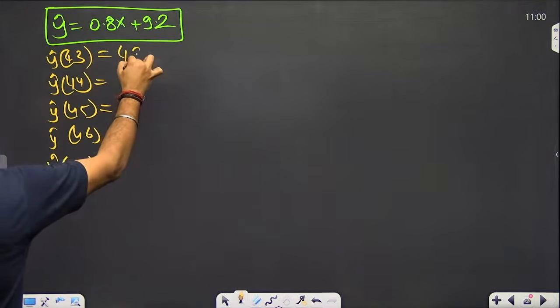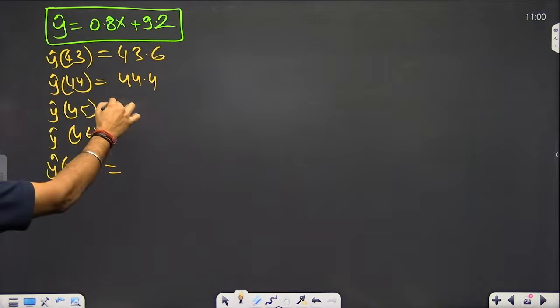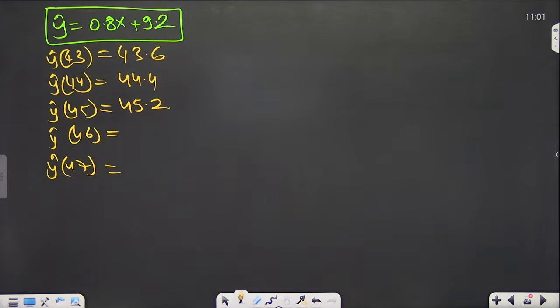So I get the values as 43.6, 44.4, 45.2, 46, and 46.8.